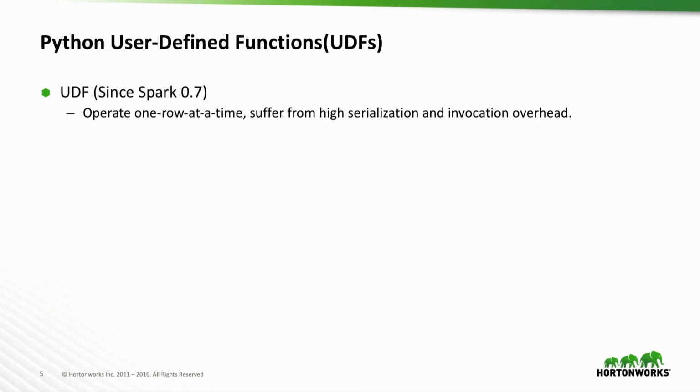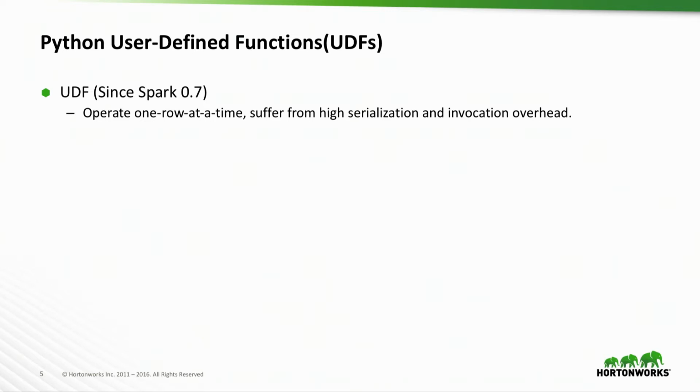Let's start with the first highlight feature, the Python Pandas UDFs. Spark has supported UDFs since 0.7. Users like to use Python because a lot of things are much easier to express in Python, and Python has a lot of libraries we can use.